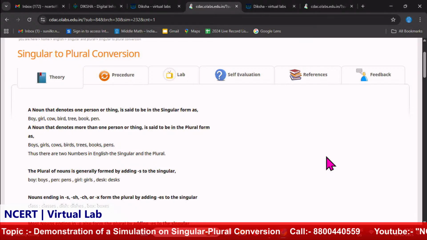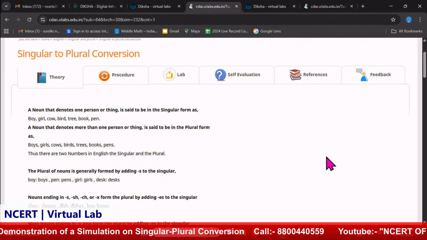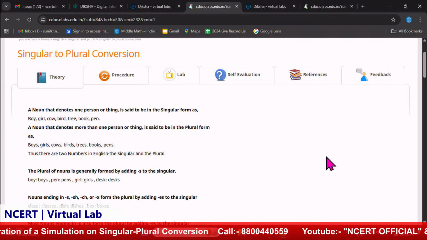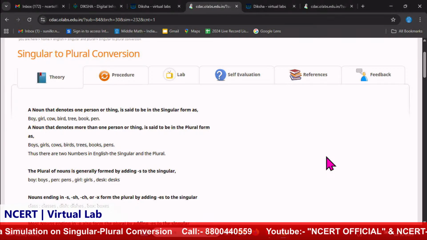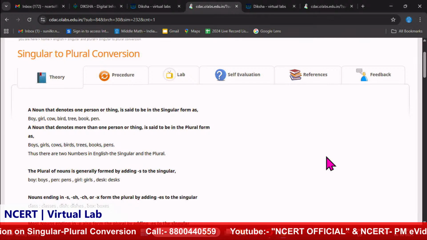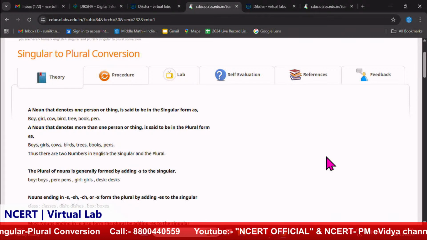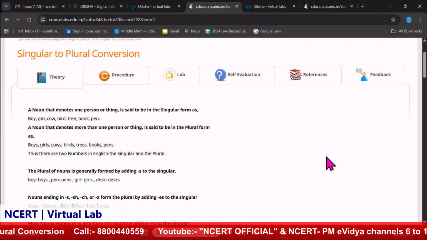Now there are these various tabs: theory, procedure, lab, self-evaluation, references and feedback. So you can also give your feedback on this. Theory is where we tell you the basic rules, but like I said, you should refer to a good book like Wren and Martin for exhaustively studying a topic.